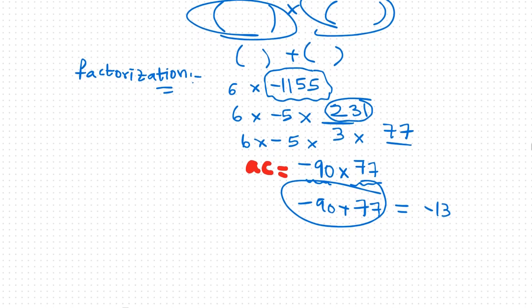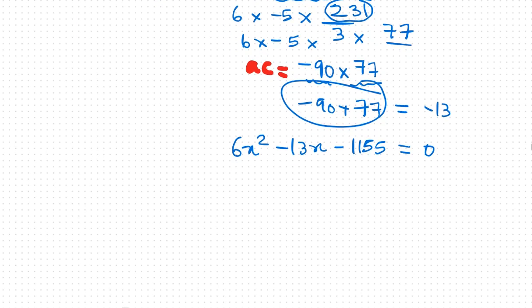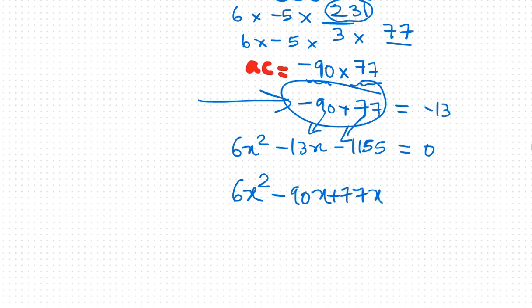So what's the trick right now is, the question was 6x square minus 13x minus 1155, correct? The objective is to split the middle term in such a way that negative 90x and then positive 77x.